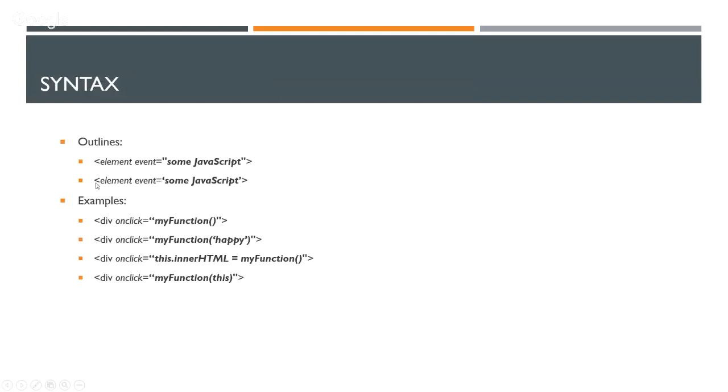The general syntax is you'll have your element in your HTML tag, and then an event with an assignment operator, and then whatever JavaScript you want to put in there. Generally, I put in functions to keep my HTML code nice and clean. I just use onClick because it's a simple one, but you can put in any event right there.